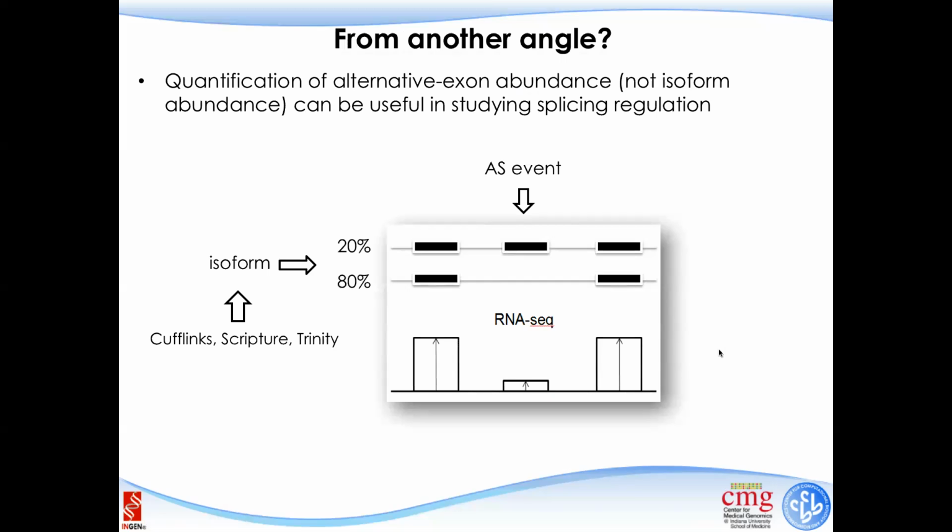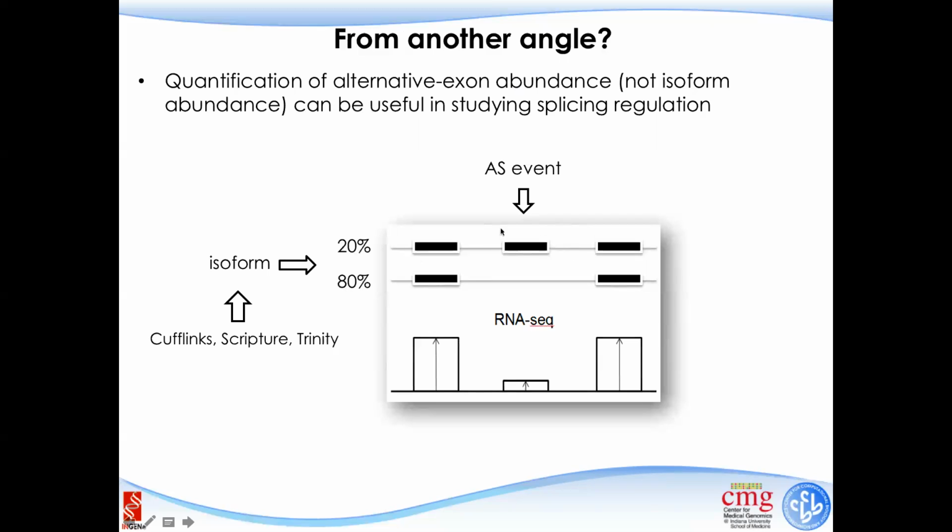Still from this case, from the coupling trinity, we can get the result, like the differential alternative splicing. But actually this question doesn't need to be that hard. We just need to see if the alternative splicing event is happening there, and the amount: this isoform is 20%, this is 80%.